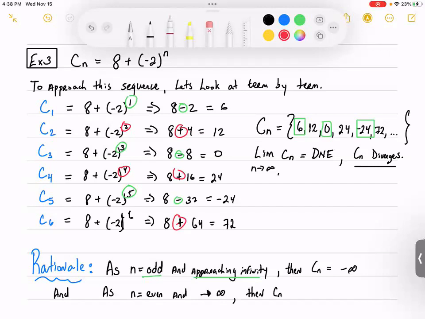Look at all the terms that are in the even positions. You have 12, 24, 72. This will be approaching infinity. Now, is infinity and negative infinity the same thing? No, they're not. They're not the same thing, so they're not equal to each other.